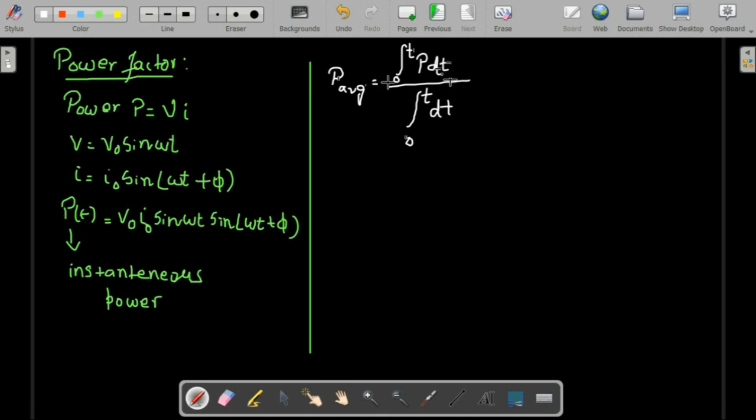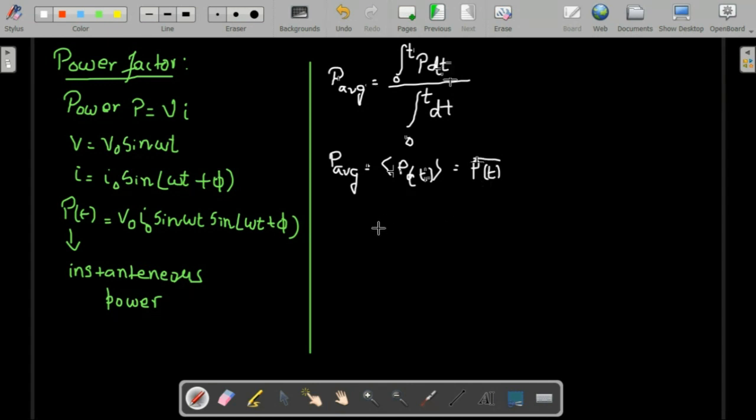We can put in the result here. I use the trigonometry and try to find it out. There are other ways of finding it out as well, right? We can just talk about the average, something like this. You can simply write it down as this. Let me write it within the angle bracket that will represent average, or I can also write it down like this with a bar, right?